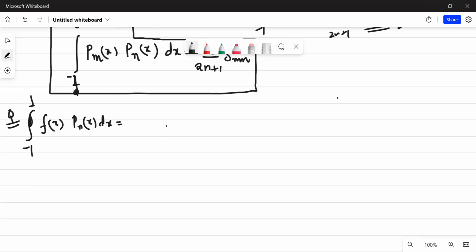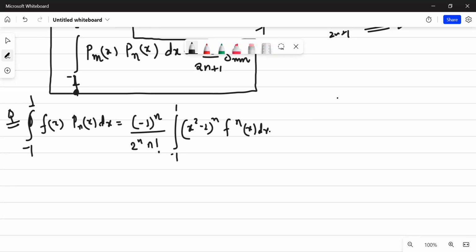It is equal to (-1)^n divided by 2^n n factorial, times the integral from -1 to +1 of (x squared minus 1)^n f^(n)(x) dx. This is what we used in the previous lecture, the property that we derived in the previous lecture.